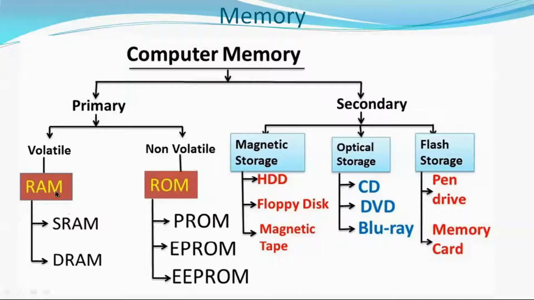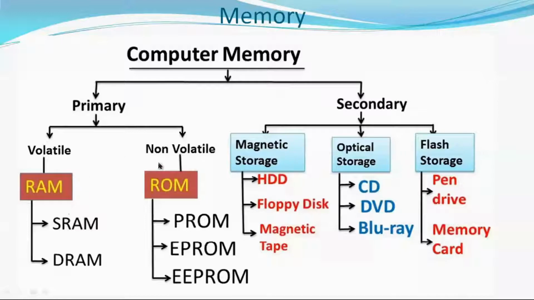Volatile means it is memory which is lost when power in the computer goes off. The examples include the RAM, and the RAM is further divided into two types: the SRAM, which stands for static RAM, and the DRAM, which stands for dynamic RAM.